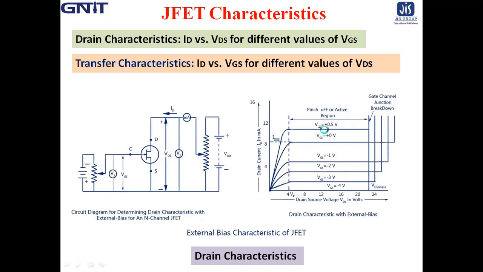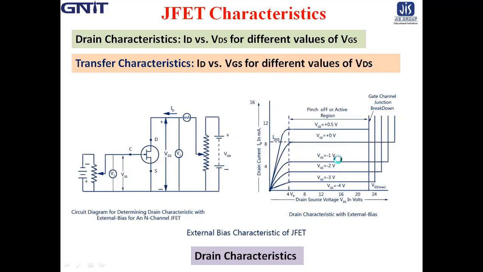And this is the drain characteristics curve, where basically on the y-axis is the drain current ID in milliampere, and on the x-axis is the drain to source voltage VDS in volt, for different values of VGS.